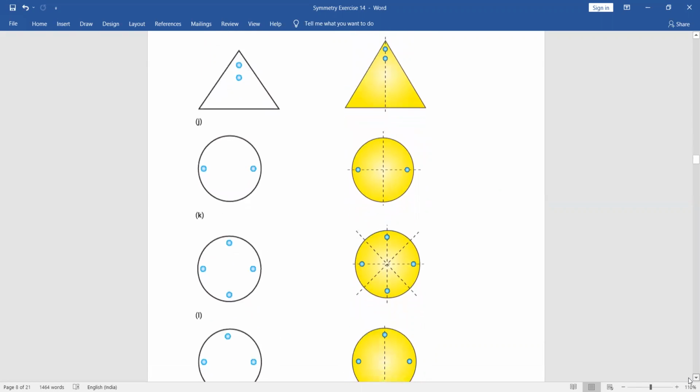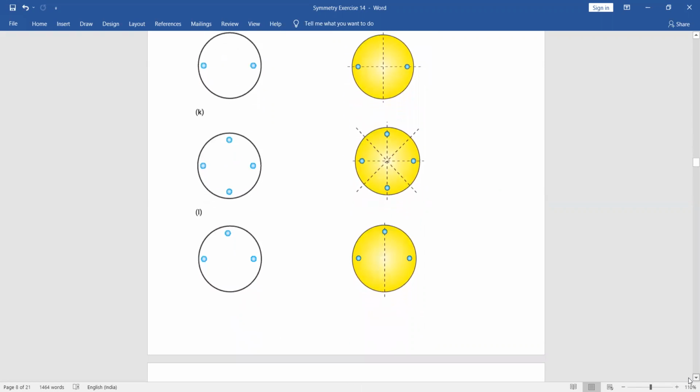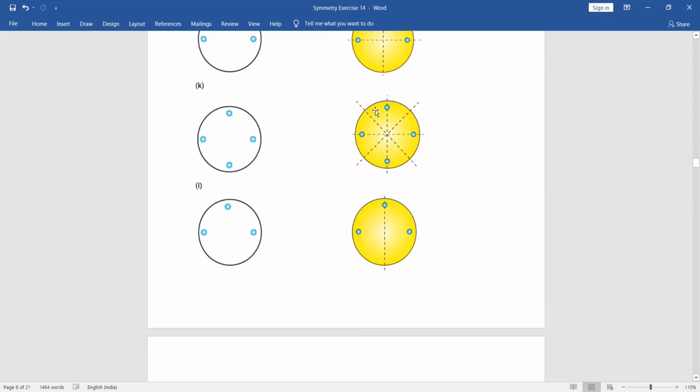Now here 4 dots are there, so 4 ways are there. Here only 1 way is there for drawing it, because if we draw it from the middle, then there is a change. They are not exactly the same, because here we are not getting the dot. So this is not possible, so only 1 line of symmetry is there.